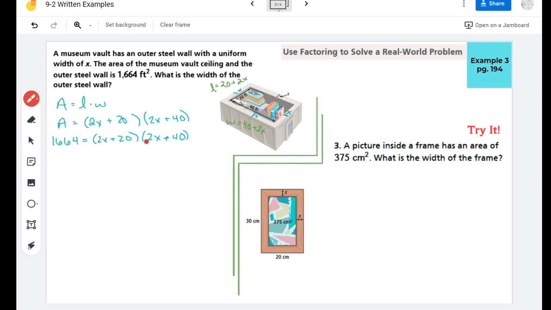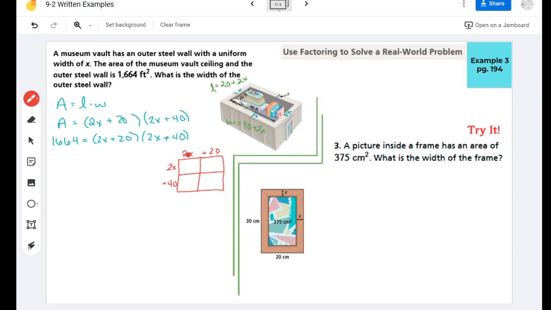Alright, so the first thing I'm going to do is distribute this stuff. To do that, I'm going to use the box method. So I have 2x plus 20 and 2x plus 40.